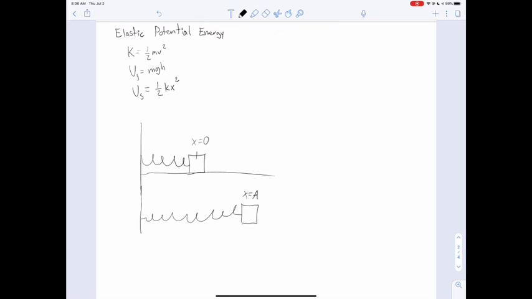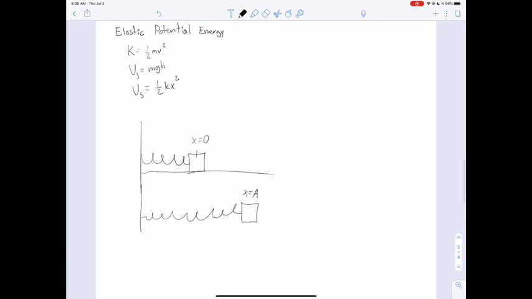We plug in A for x, because A is our amplitude and our spring cannot stretch past A. We can write that equation as 1/2 kA squared, where x is replaced by A.